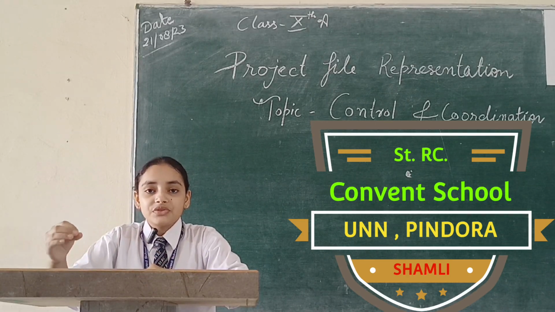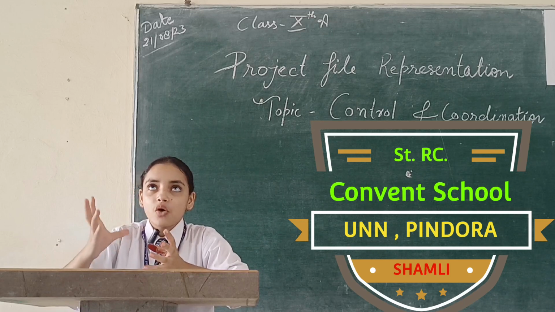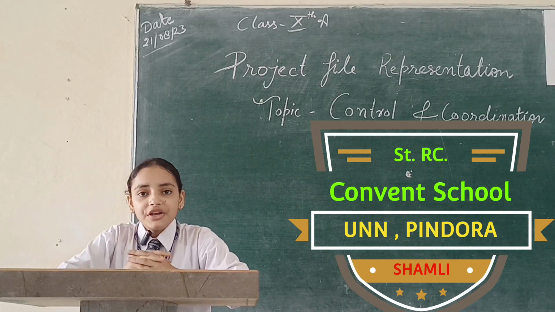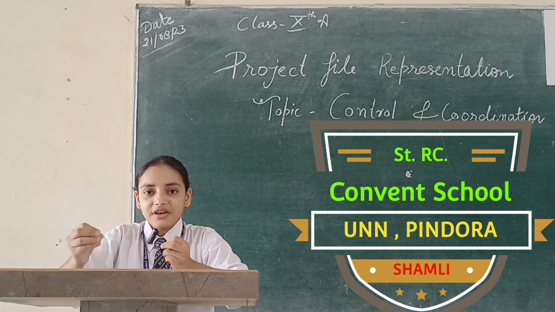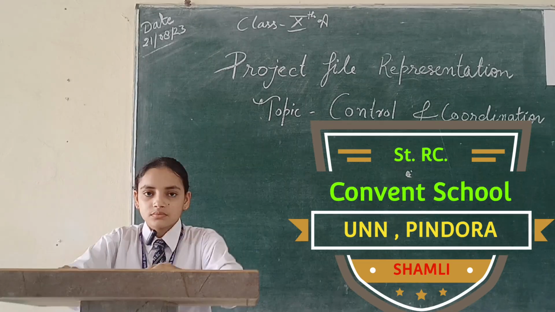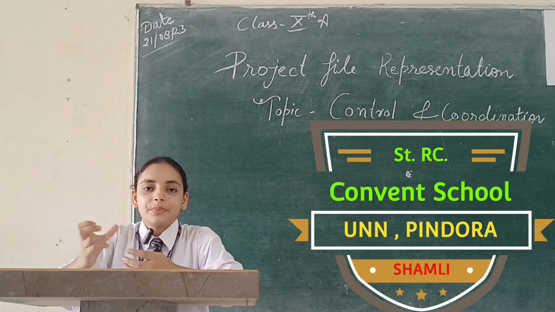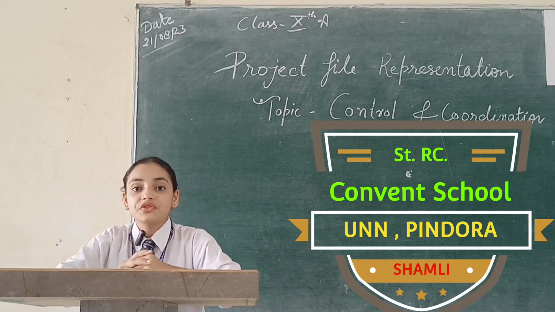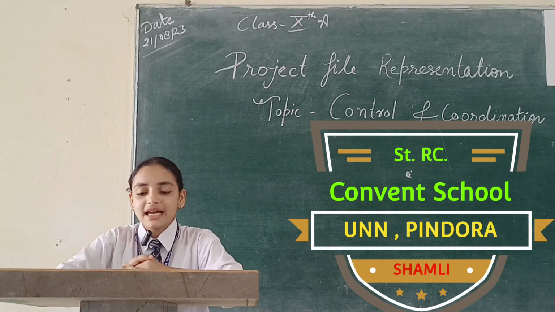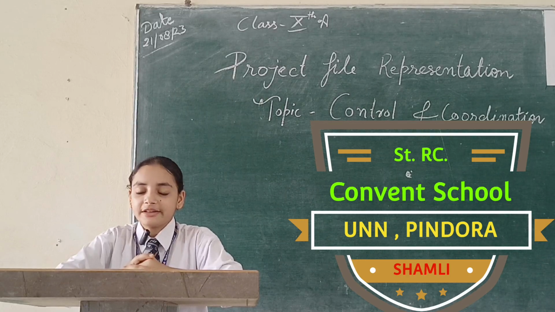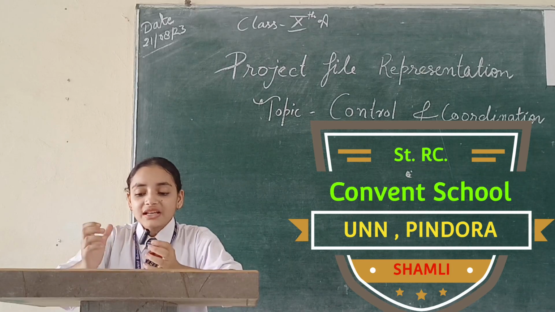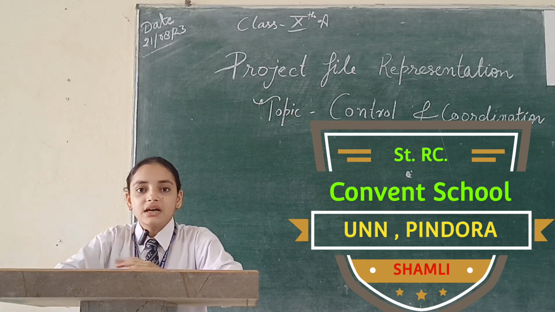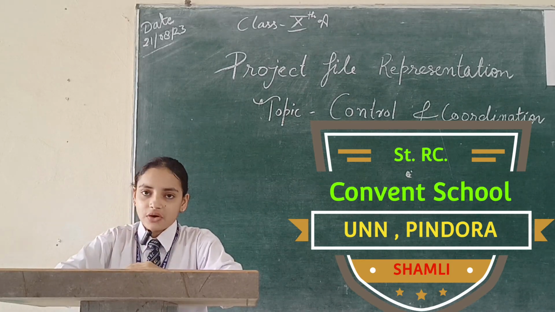Now, there is a complexity in reflex action. Let's start with the other part of control and coordination, which is part of reflex action, that is the reflex arc. It is the fundamental unit of reflex action. The reflex arc is the nerve chain between a receptor and an effector organ.